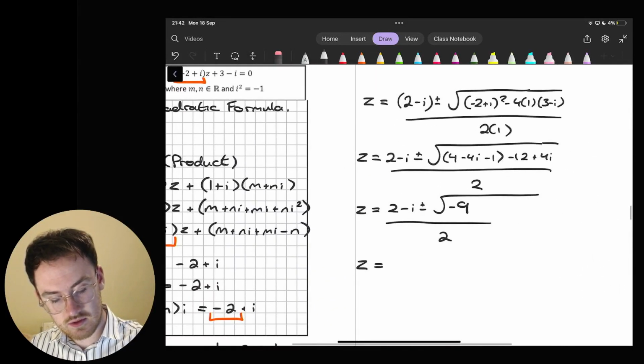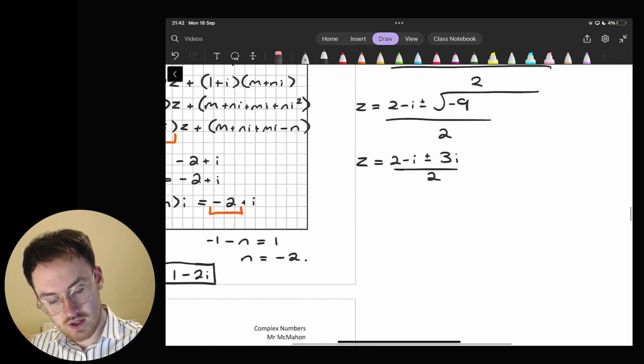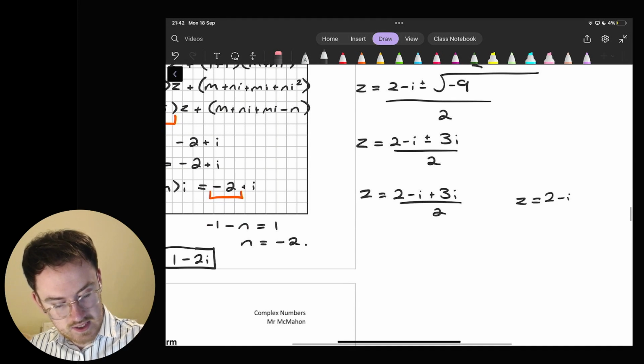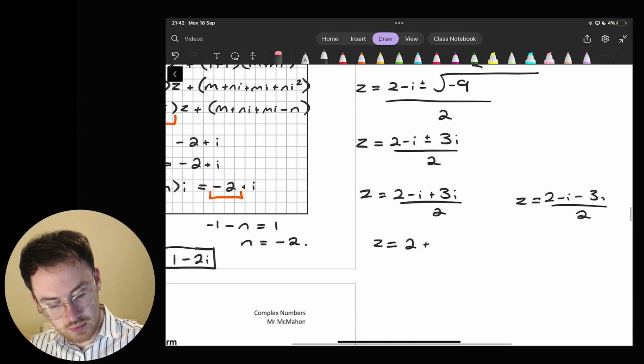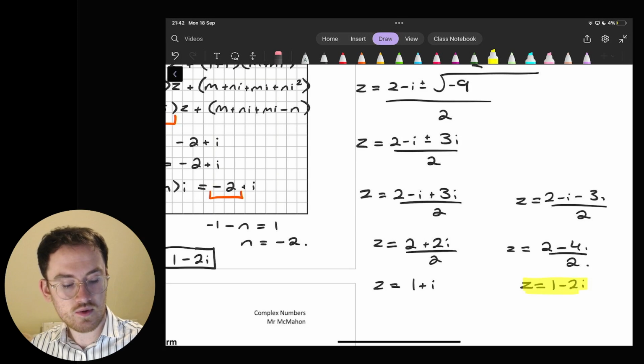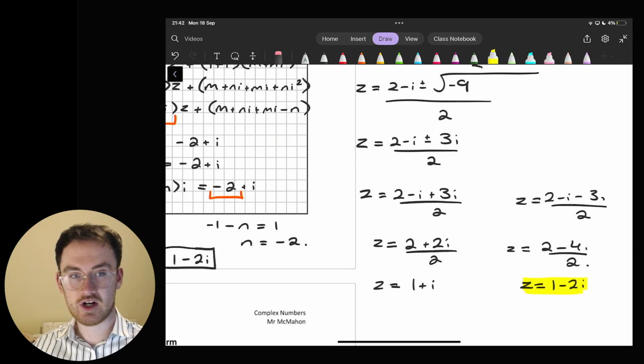So z is equal to 2 minus i plus or minus 3i over 2. So taking the plus or minus version, 2 minus i plus 3i over 2, or 2 minus i minus 3i over 2. So we get 2 plus 2i over 2, and 2 minus 4i over 2. So we get that z is either 1 plus i or 1 minus 2i. Obviously, we already knew about 1 plus i, so our answer is the 1 minus 2i part.